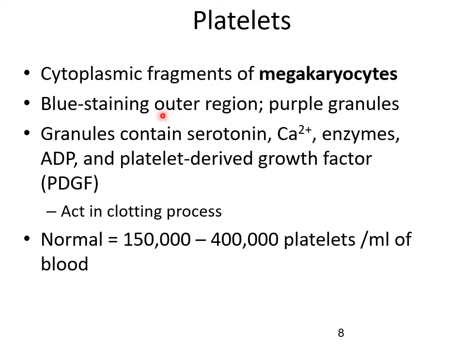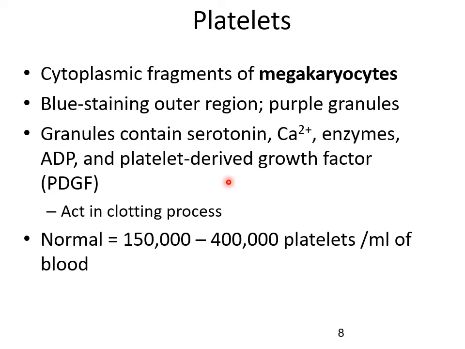And the platelets are blue staining in that outer region, so the actual cytoplasm area looks blue, and the granules look purple. And the granules contain things like serotonin, calcium, enzymes, ADP, platelet-derived growth factor, and all these things are really to cause the blood vessels that are injured to clamp down so it minimizes blood loss, and to aggregate more platelets and to seal off the break, the area that's broken.